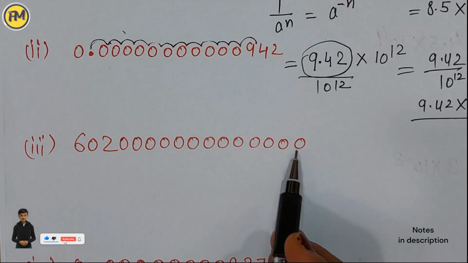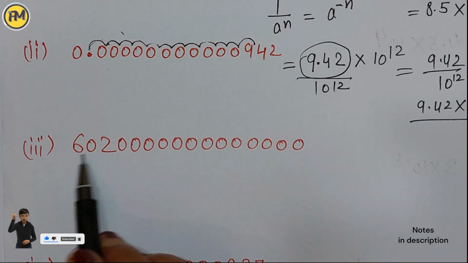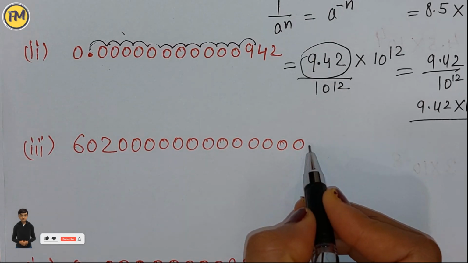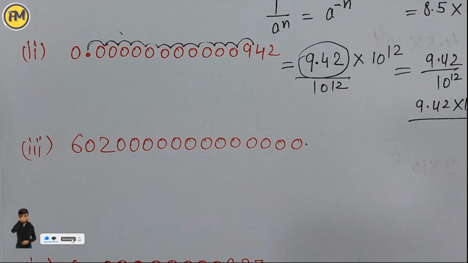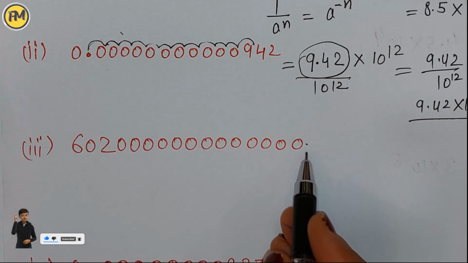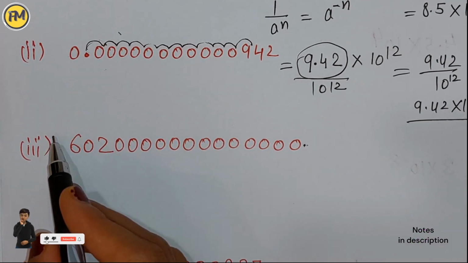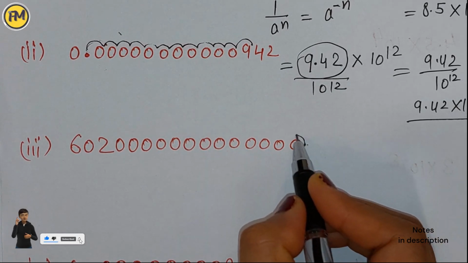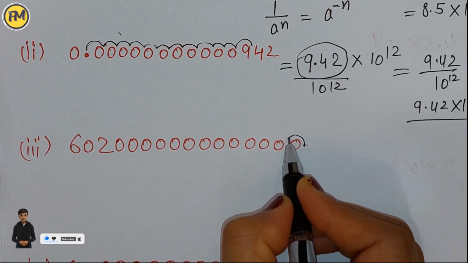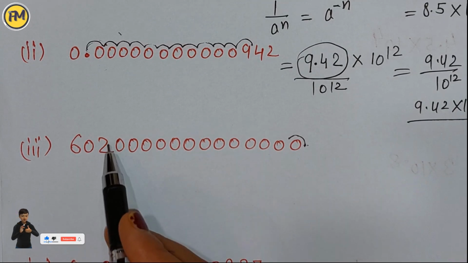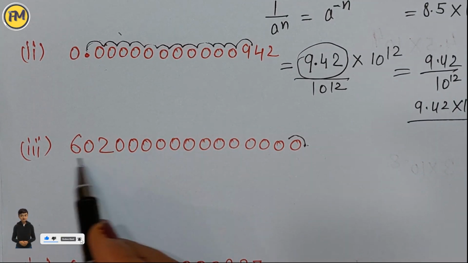Now here the decimal point is not given, you only have this usual number. So that means the decimal point is present here. Now in this part we have to move our decimal point to the left side, not the right side. So we will move this decimal point and count the steps. And where will we stop? We can't stop here, otherwise it will become 602.